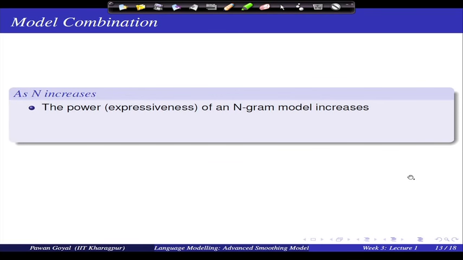Now, other than these two models, Good-Turing and Kneser-Ney smoothing, there are other smoothing models that you might be able to use. One simple idea: instead of using a new smoothing model, why don't we combine various models? Remember, we were already doing that somewhere. For computing bigram, I was using the probability of the unigram for unigram prior smoothing.